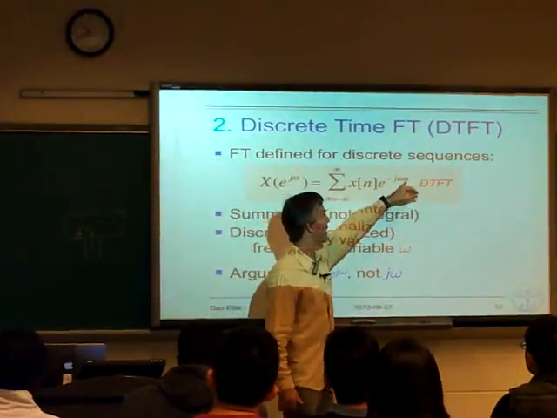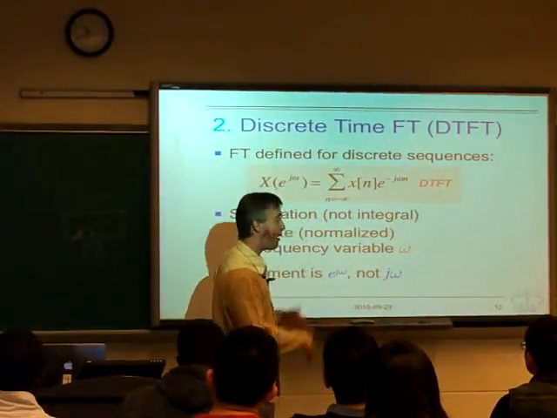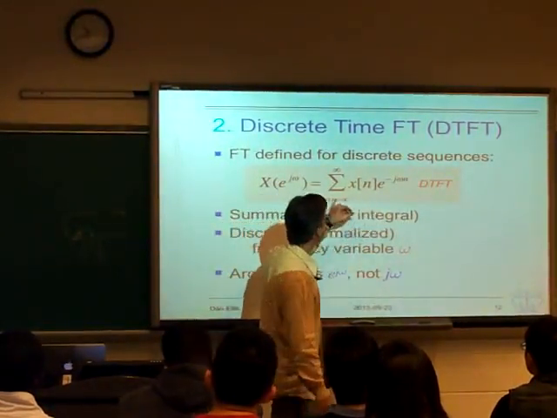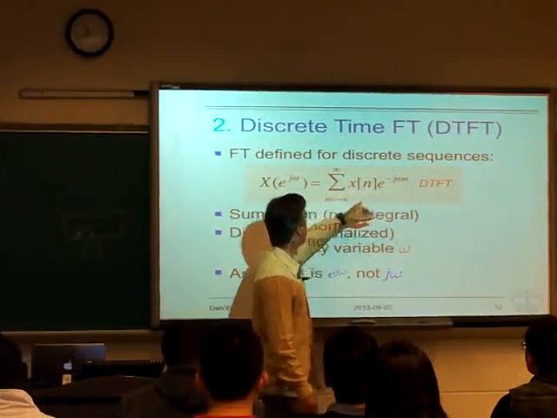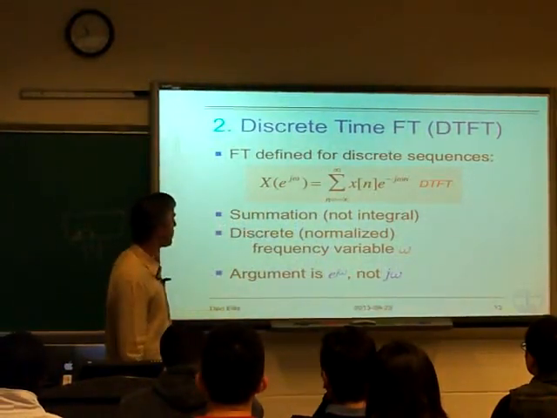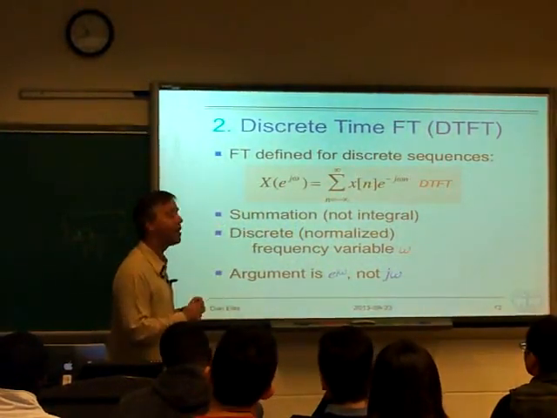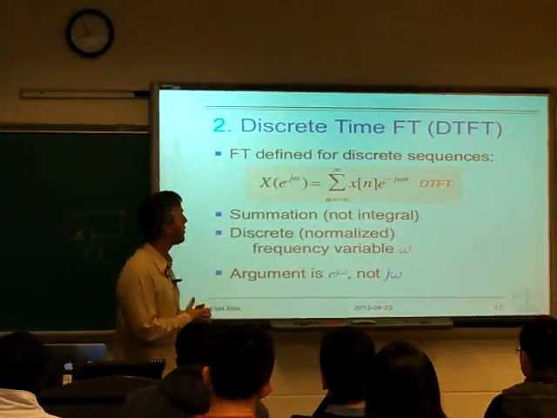We normalize everything in terms of the sample count. So this is the sum of x of n, e to the minus j little omega n, over the entire signal, over all n. It's as close as we could get to writing the continuous time Fourier transform for a discrete time signal.